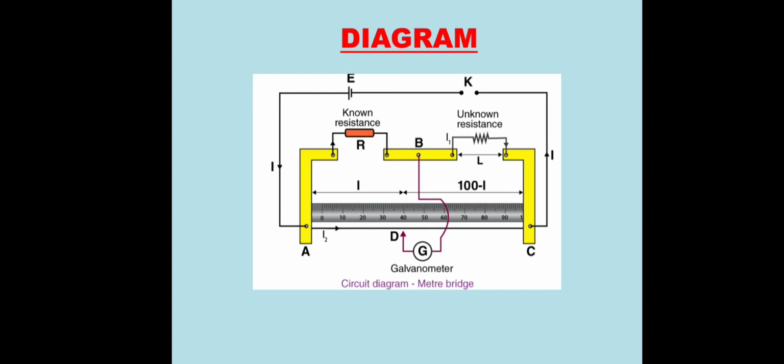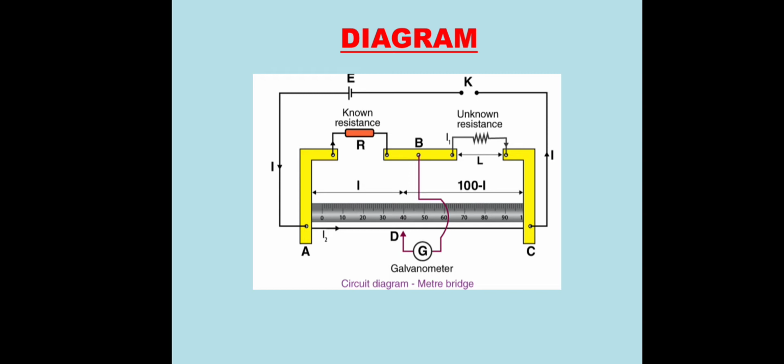Further, in the two gaps, on the right gap we have the unknown resistance, and on the left gap we connect the resistance box with a fixed resistance for a particular observation.